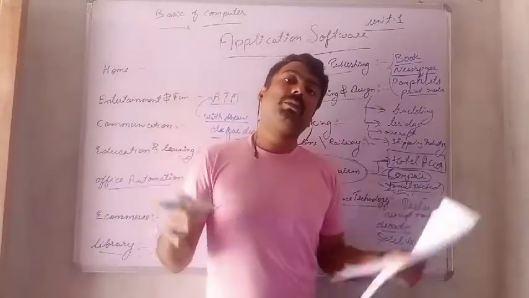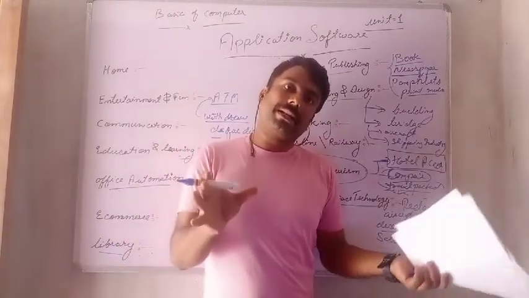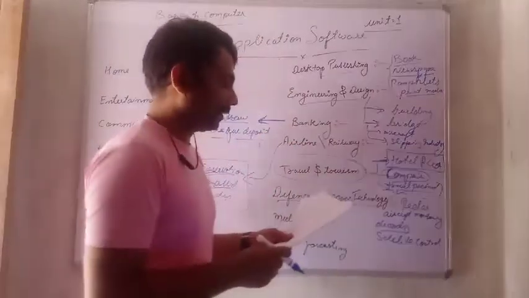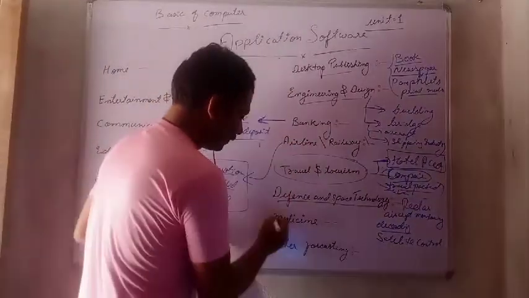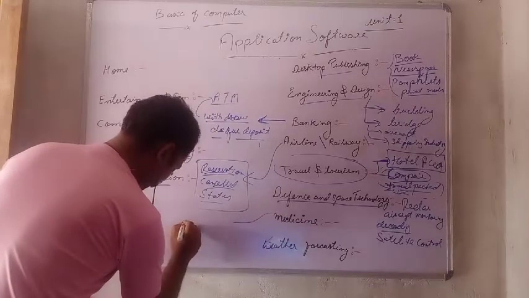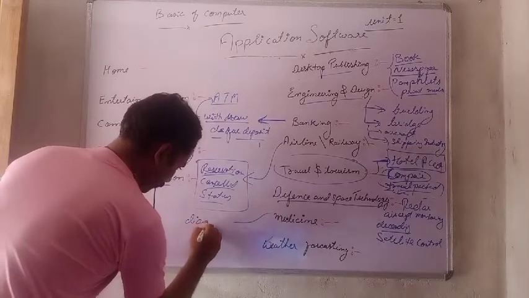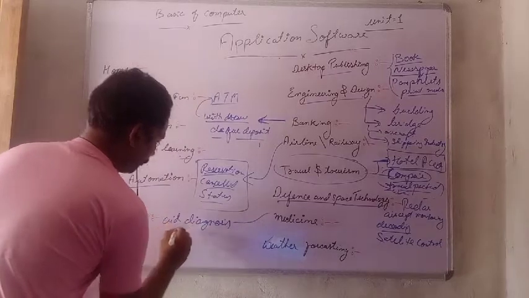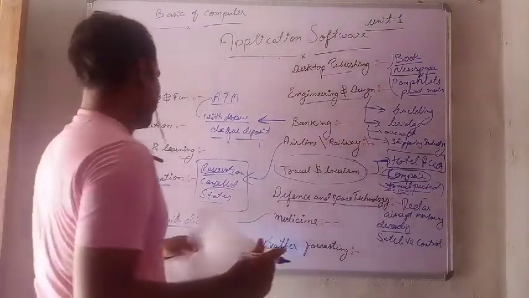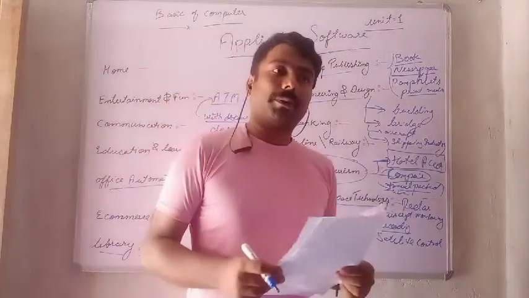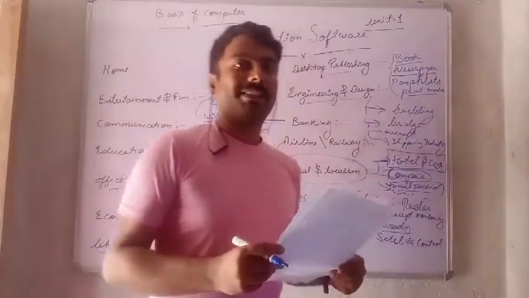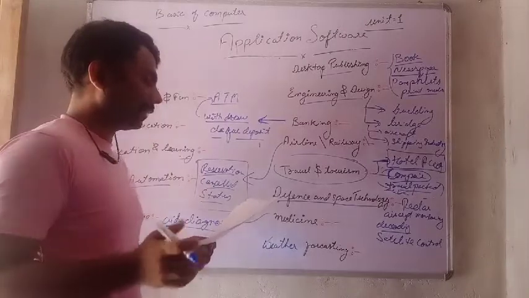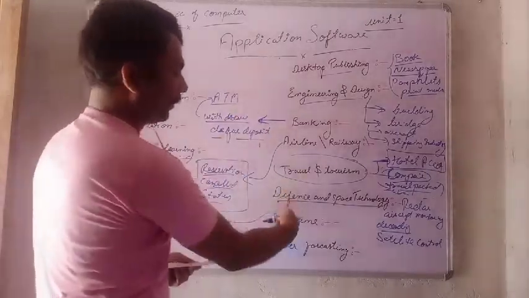In those computers, which kind of software is required depends on the work. So we should write here: aid diagnose. It means that it will detect your problem, and then diagnose and show you your problem with the help of application software.